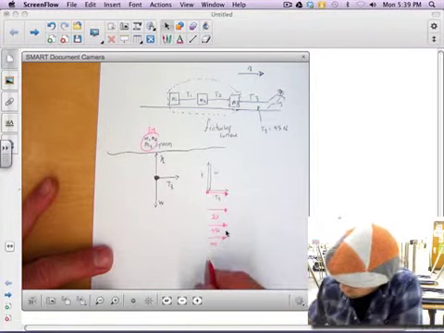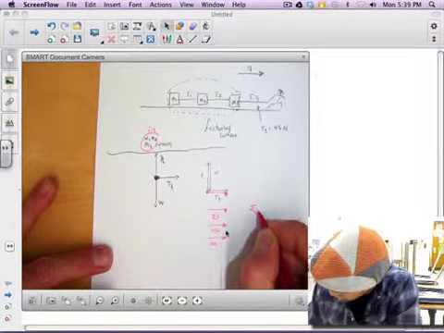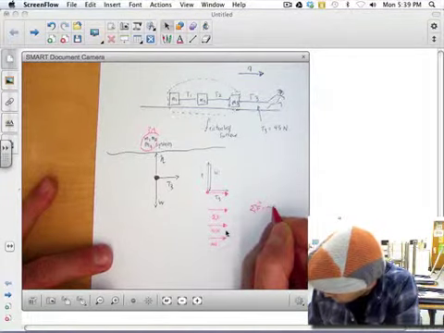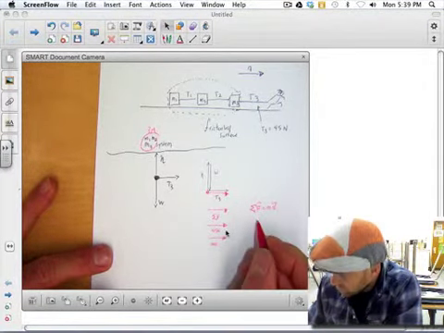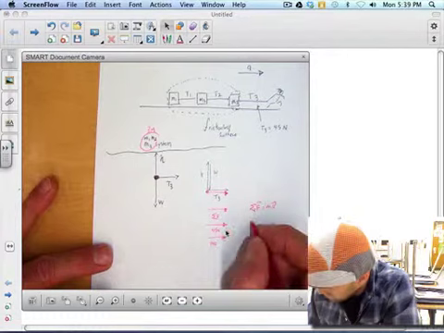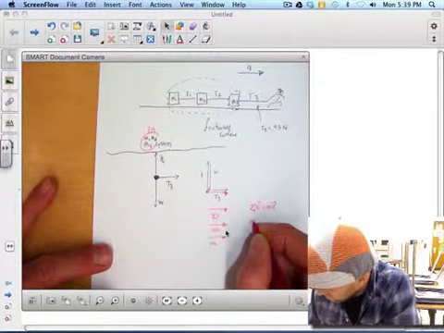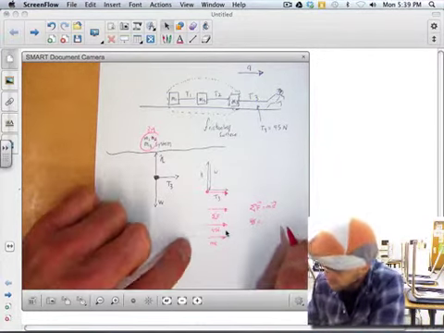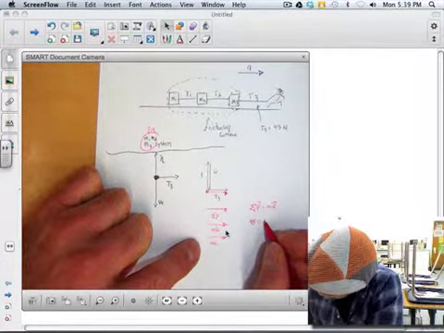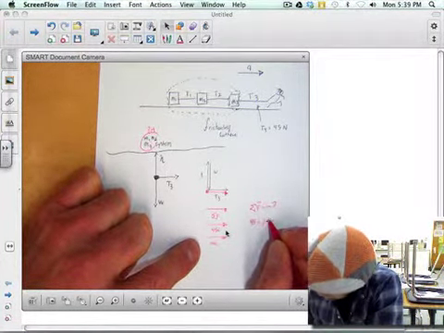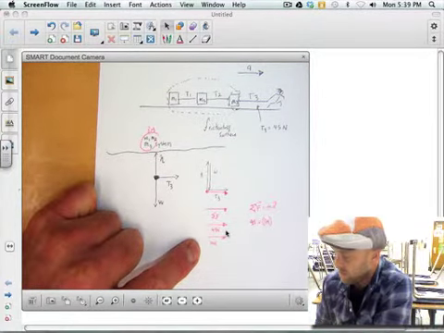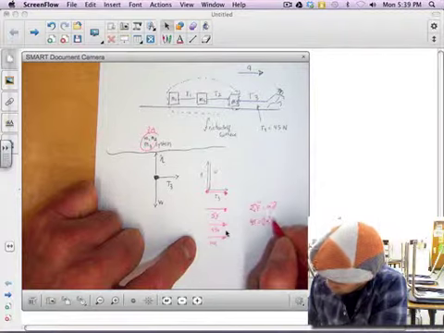And what we're going to have here is sum of the forces on this 3m system has to equal ma. Now, the net force, the magnitude, is equal to 45. And that has to equal 3 times m. That is m plus m plus m is 3m times a.